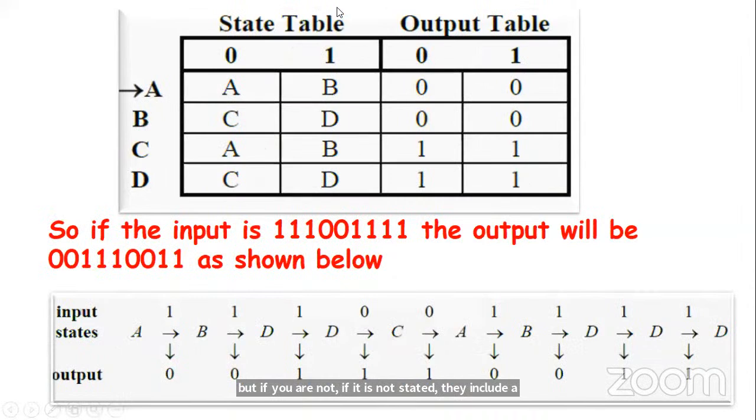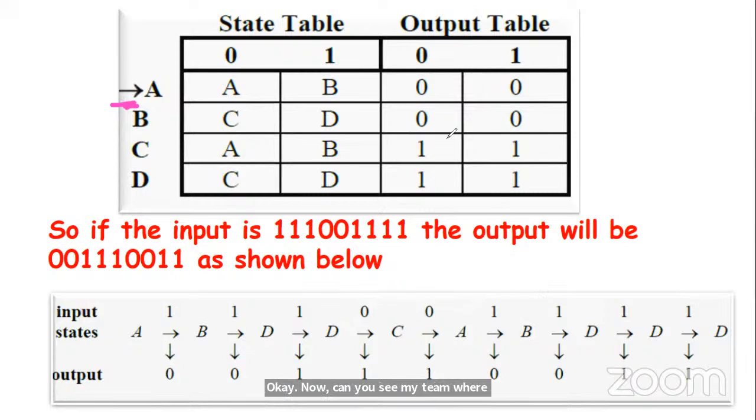Okay, so look at this state table. It has been indicated here that our initial state is what? A, right? Then, okay, now can you also show my table, my slide?